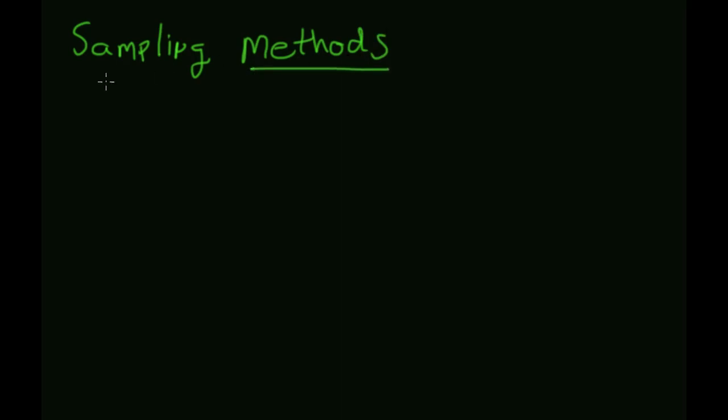Okay, so this is an overview of several different methods of sampling. Ideally, we get what is called a random sample.